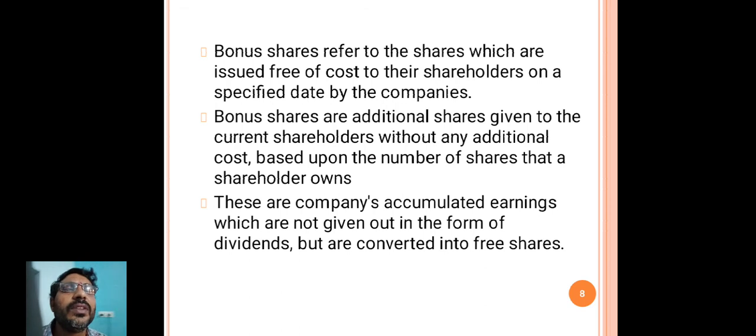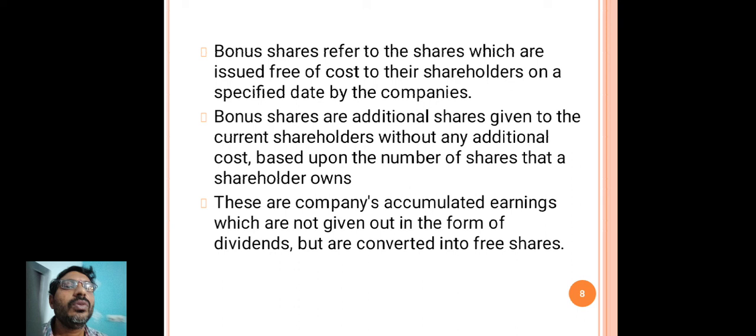Bonus shares are additional shares given to the current shareholders without any additional cost, based upon the number of shares that a shareholder owns.